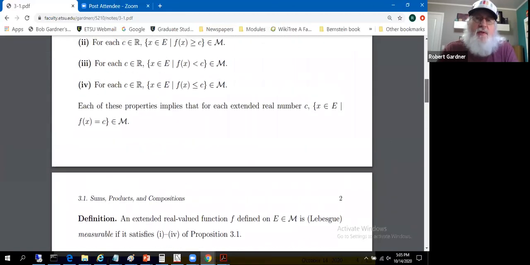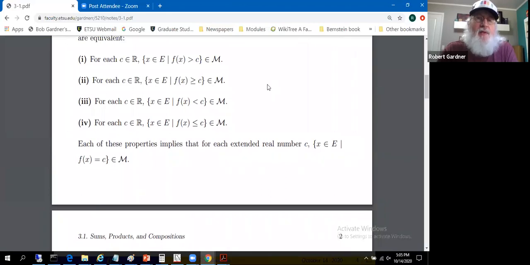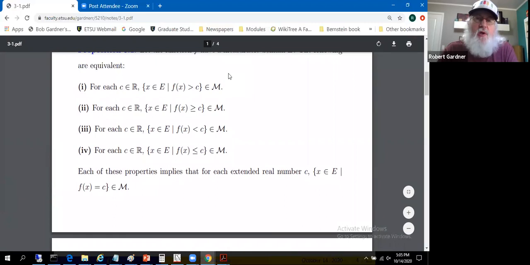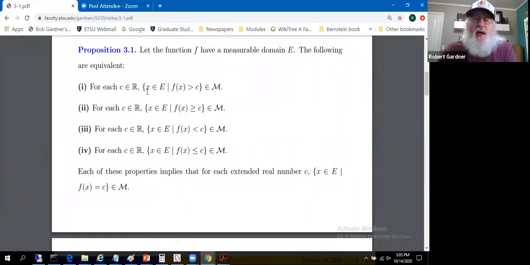What we're doing here, at least in the first and the third, in this definition of measurable function, is taking inverse images of open intervals. These x values are the inverse image of output values greater than c. This is the inverse image under function f of the interval c to infinity.